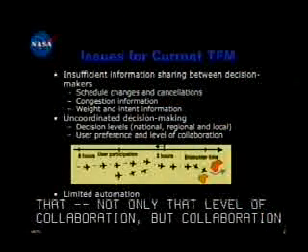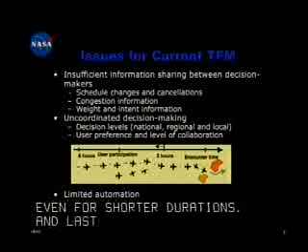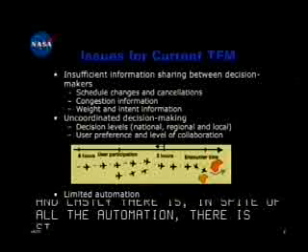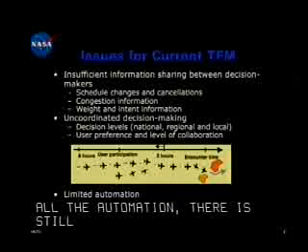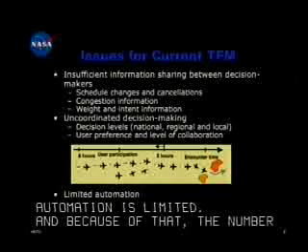And lastly, in spite of all the automation, the amount of automation is still very limited. And because of that, the number of options one can try becomes limited.